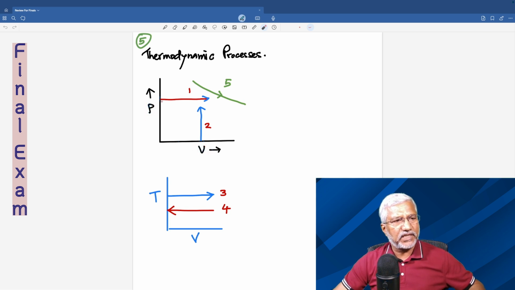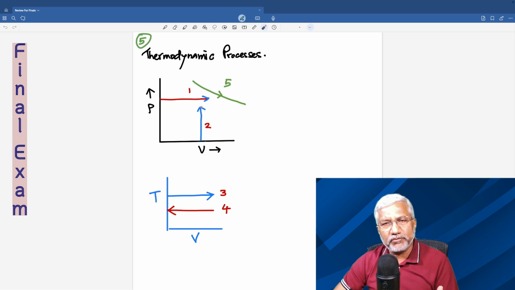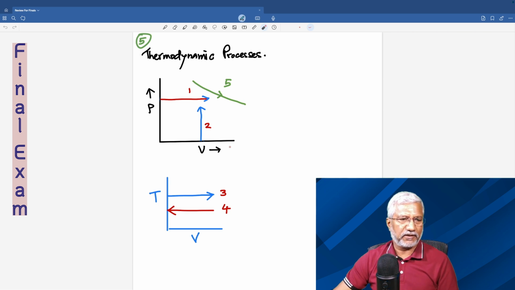And if you see a graph like number 1, you know that the volume is increasing, but the pressure is constant. But if you look at number 2, the pressure is increasing, the volume is constant. So number 1 is isobaric, number 2 is isovolumetric.